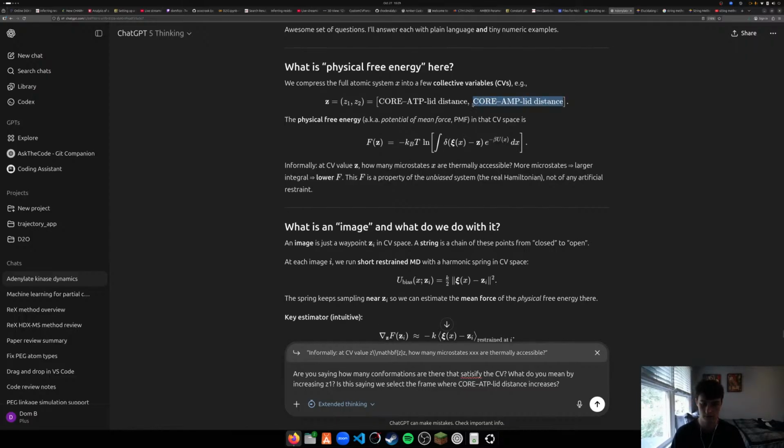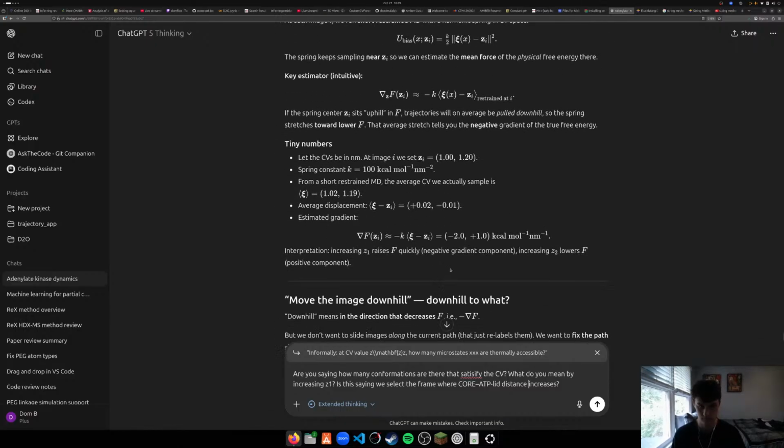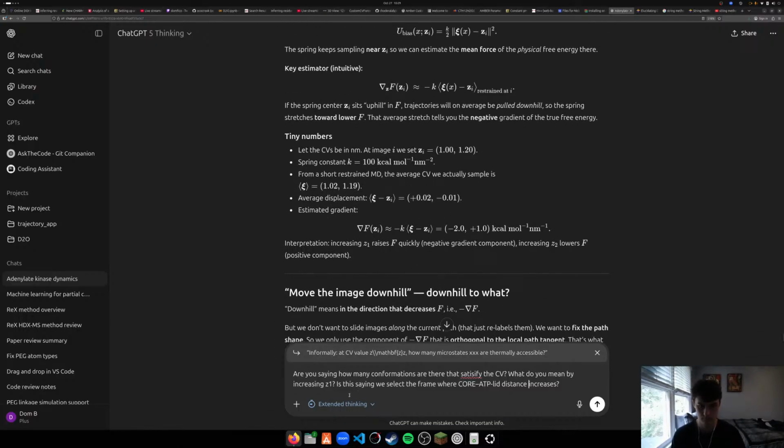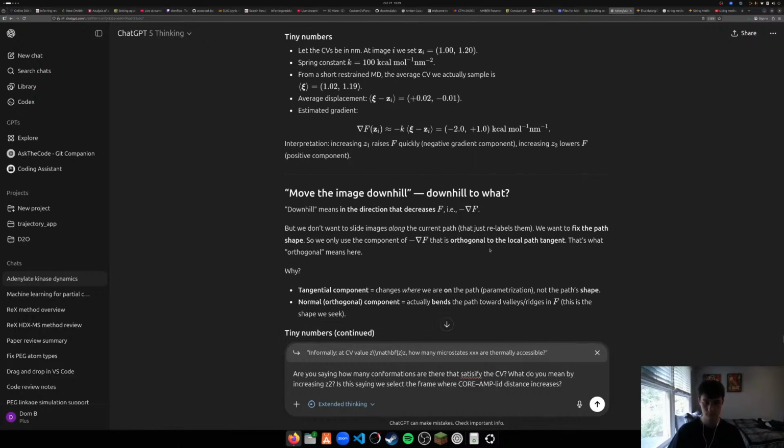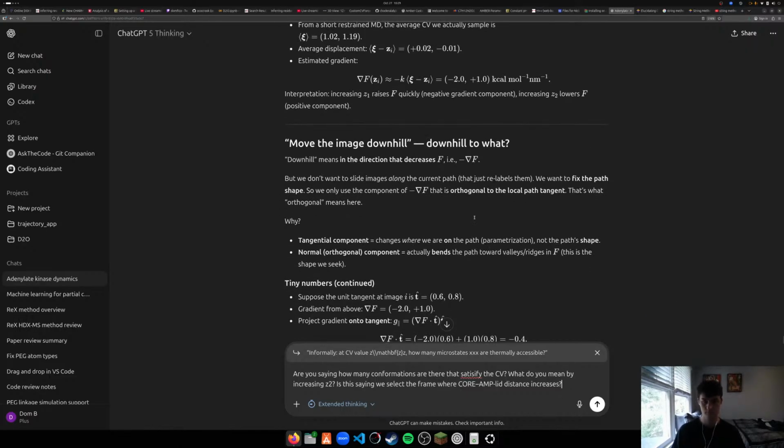So let's change this then. But we do not want to slide images along the current path. That just relabels them.